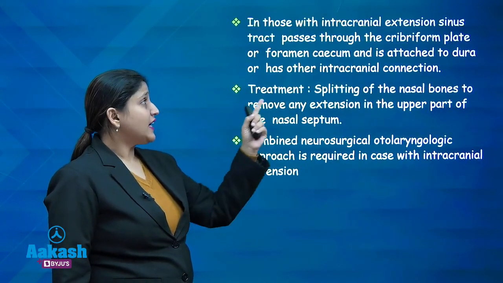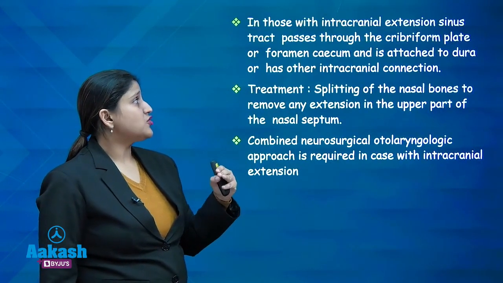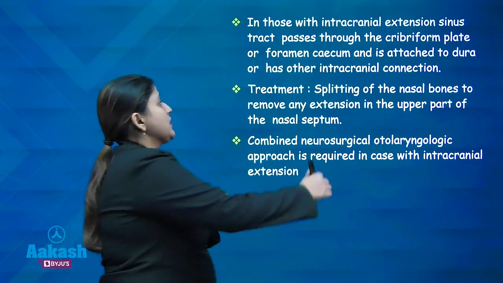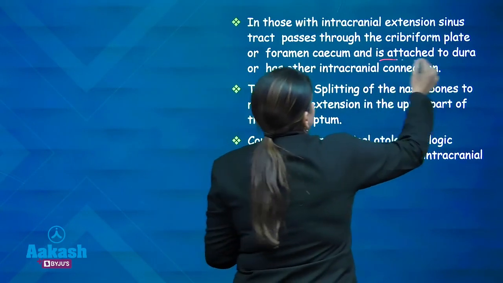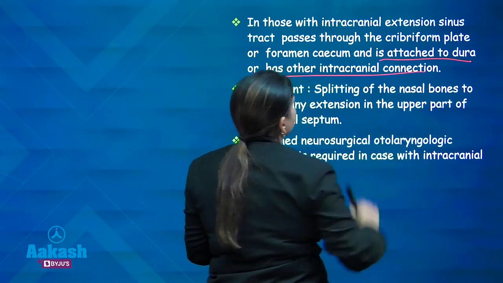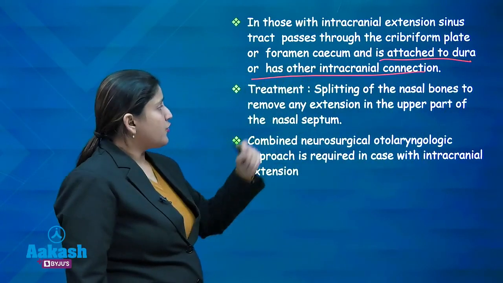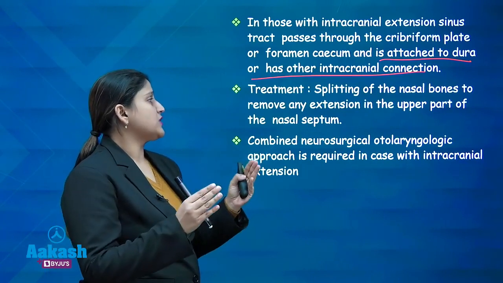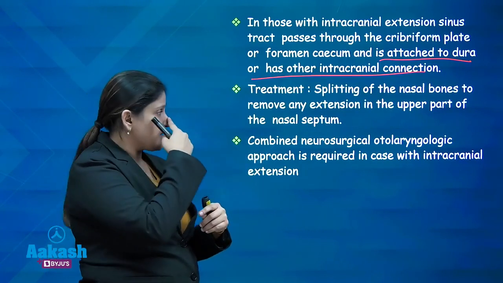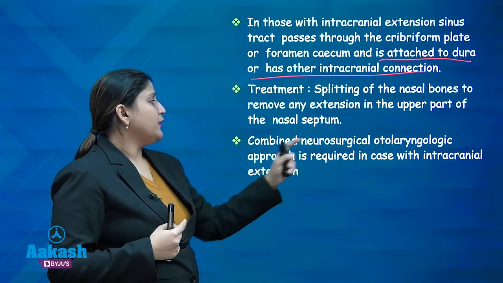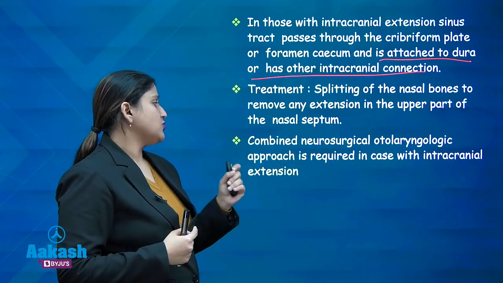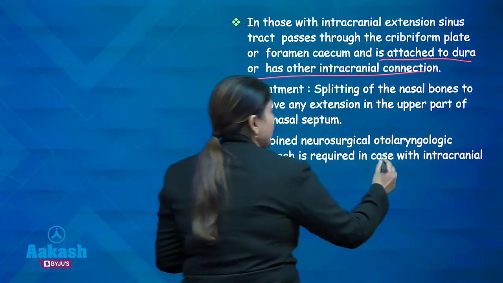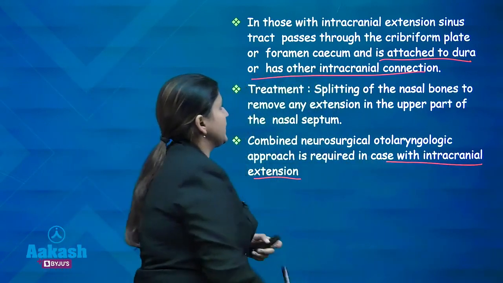In those with intracranial extension, the sinus tract passes through the cribriform plate or the foramen cecum and is attached to the dura or has other intracranial connections. The treatment includes splitting of the nasal bones to remove the extension in the upper part of the nasal septum, and a combined neurosurgical and otolaryngological approach is required in patients who have intracranial extension.